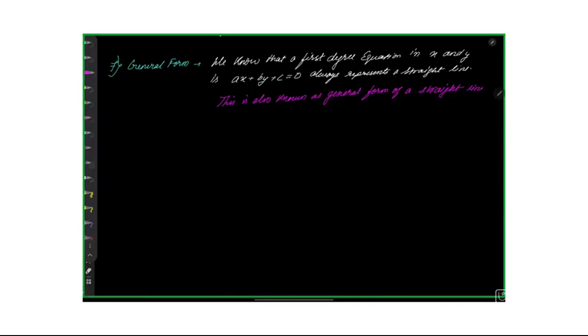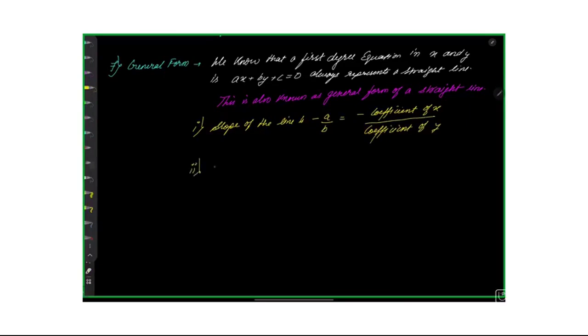Now, what will be the slope of the line? It will be nothing but minus a by b. How? Which is minus of coefficient of x over coefficient of y, right?